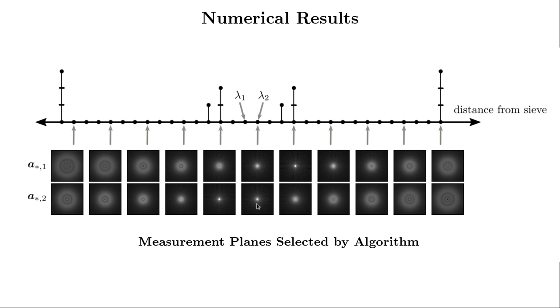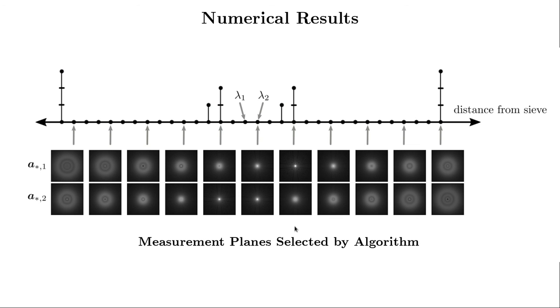So again, you don't get very good measurement variation. But what the algorithm chose instead was to move the measurements towards the left and to the right and sort of split them. And if you look here, we can see that the PSFs are noticeably different. They're actually slightly blurrier, but you have better variation.